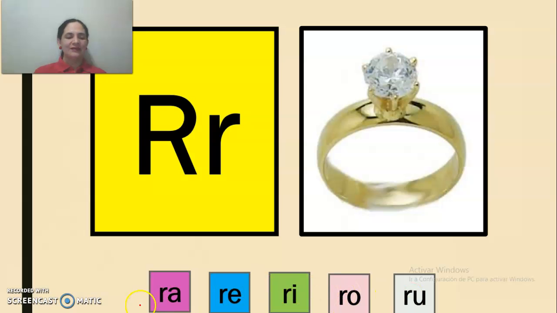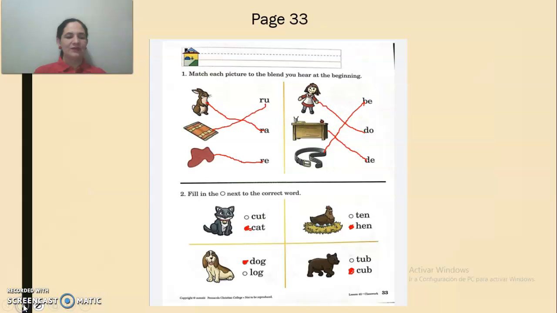Okay, now we are going to continue working with page number 33. Remember we have to write our name first at the beginning of the page, okay? So we have to read our name.